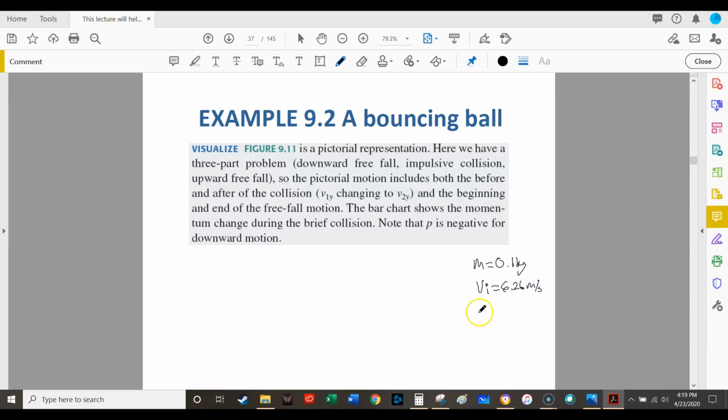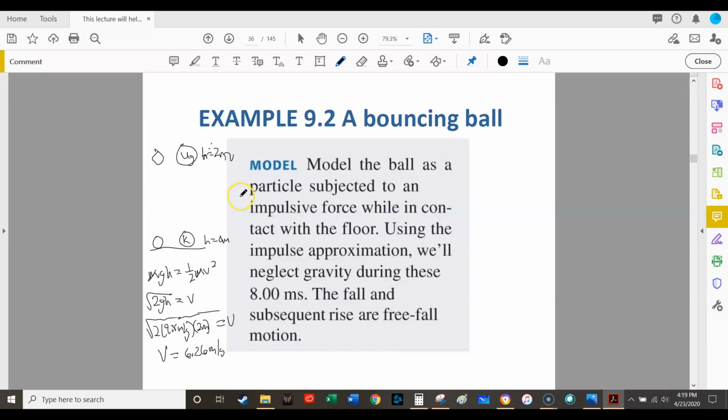Okay, after it hits the ground, it's going to bounce, and that means its final velocity is going to go up, and now that kinetic energy is going to all be changed to potential energy to some unknown height. Okay?